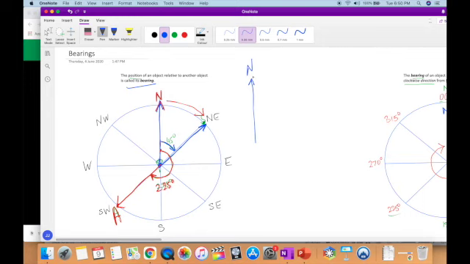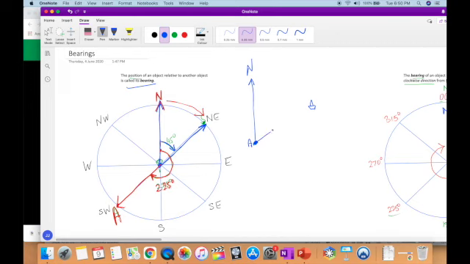We always measure the position of an object from this point here. Let me just say this is the point A. We're measuring the position of the object from this point on the north line. So let me just say I have a boat here. What is the position of this boat from here?